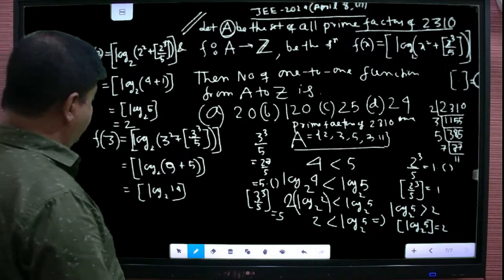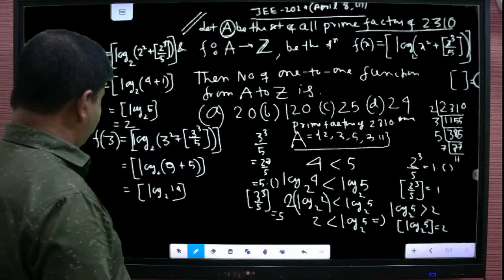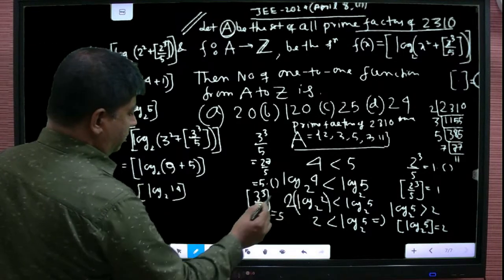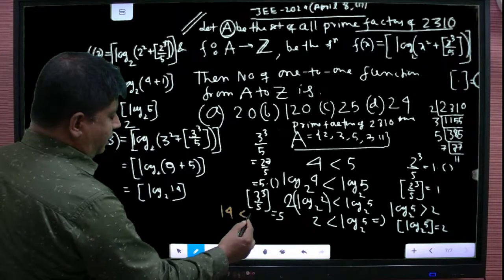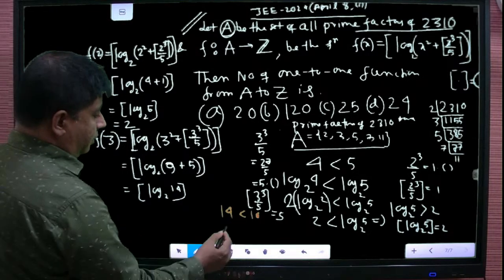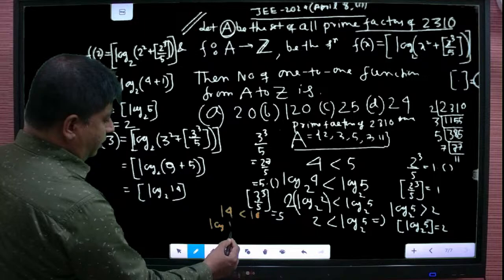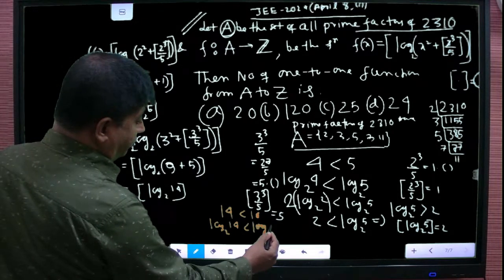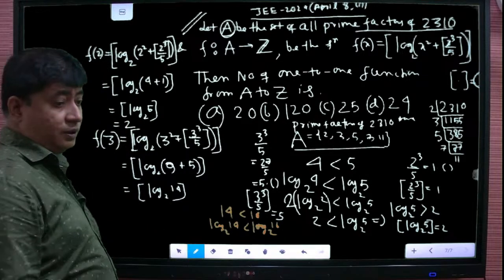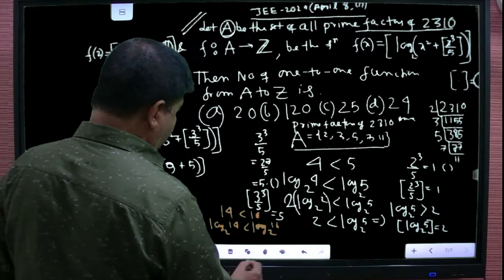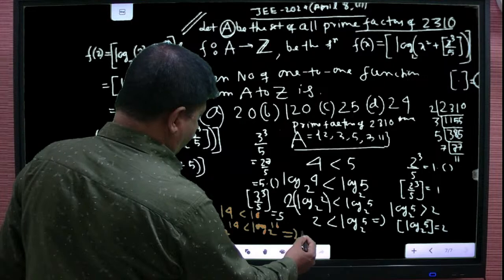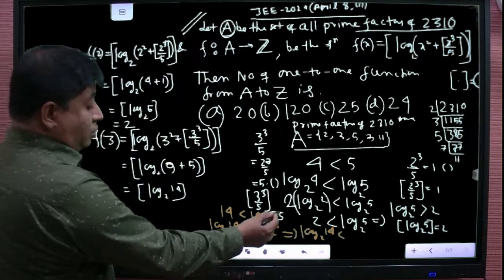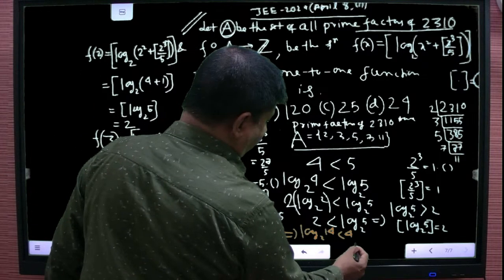Now you observe 14 is less than 16. Therefore log of 14 to the base 2 is less than log of 16 to the base 2. And log of 16 to the base 2 is what? 16 means 2 to the power 4. 4 will be taken out.